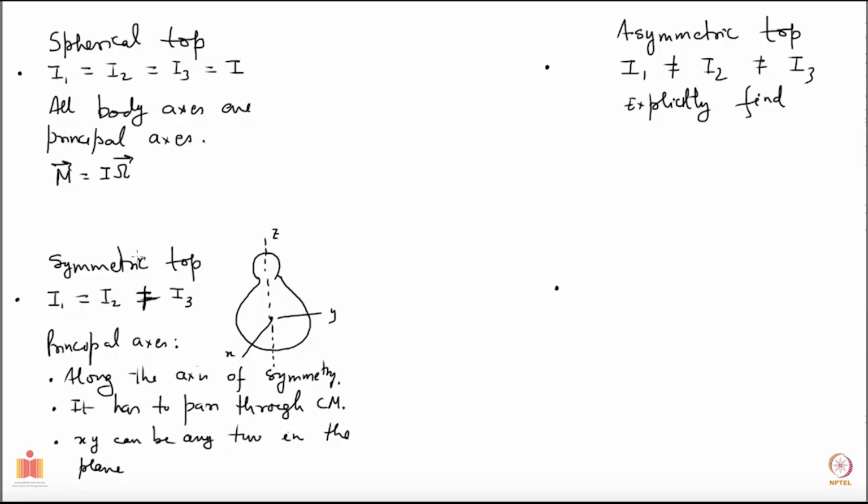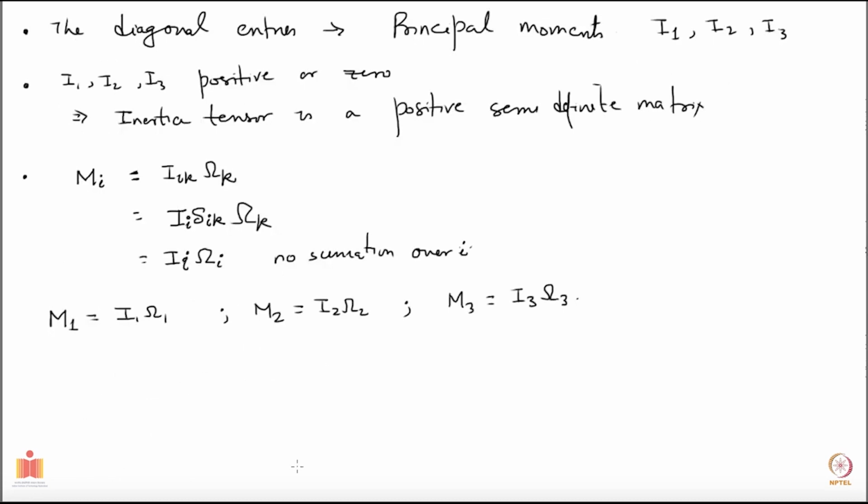But if you choose to have your omega pointing along one of the principal axes, let's say the third axis (you could have chosen first or second), then M1 and M2 will be 0, because omega 1 and omega 2 are 0, and only M3 survives.